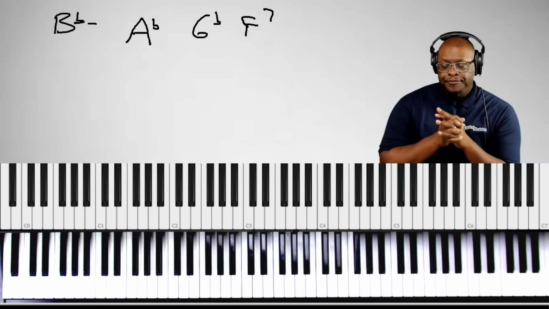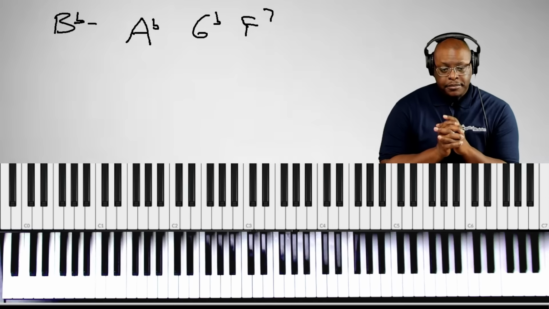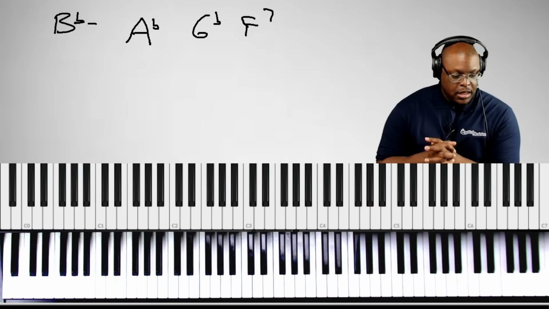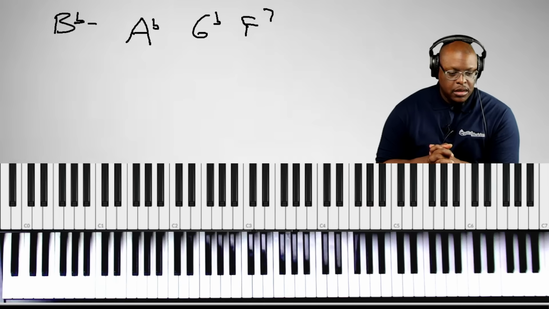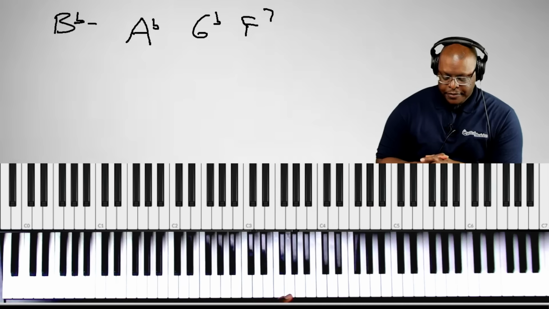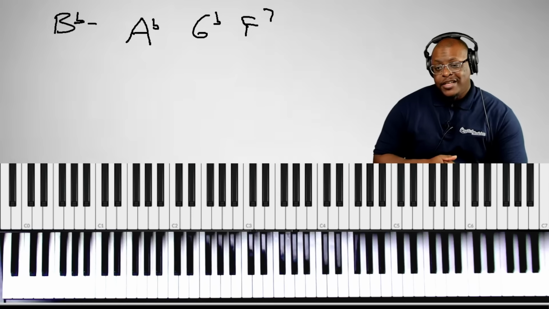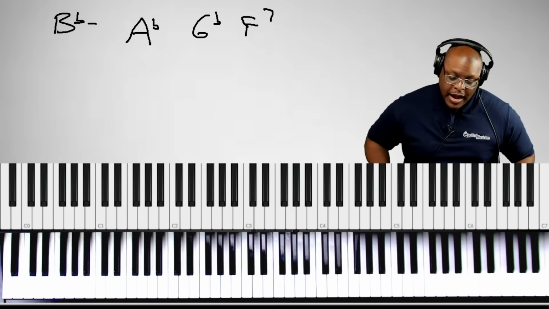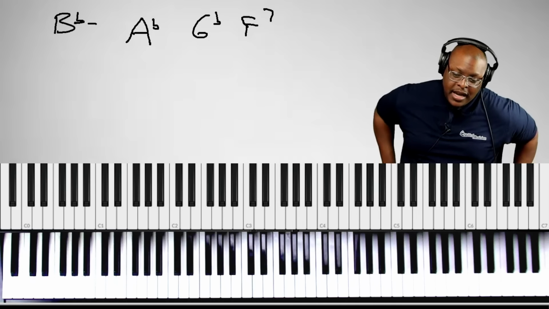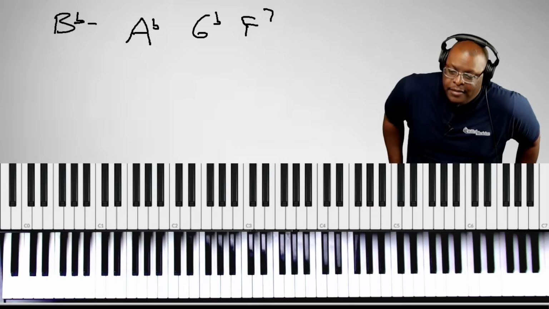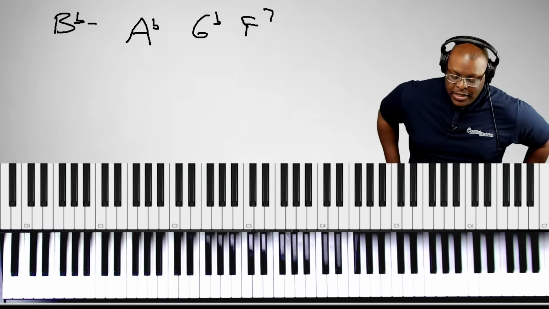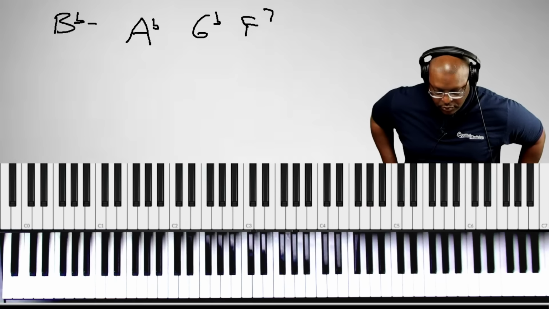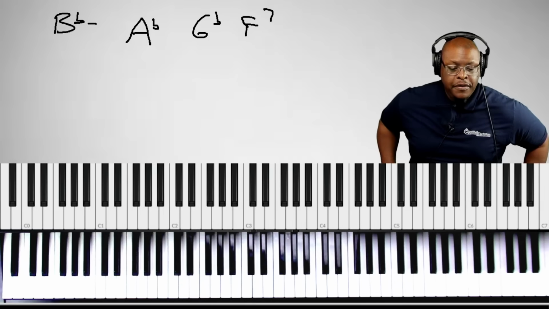All right. Now, I want to give one more. I want to talk about suspensions. I've talked about these in other videos, but I thought I had to include it here. I'll just focus on the dominant chord.